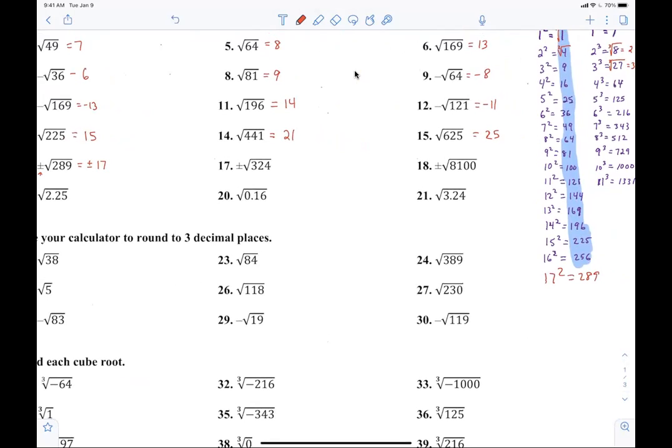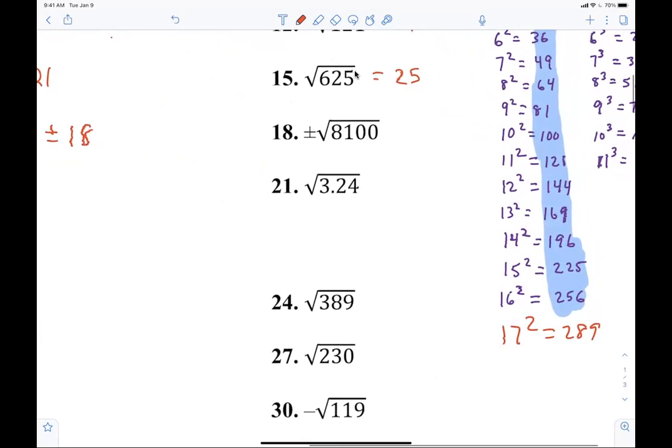Yes, we're getting closer. So I believe we should go one more. Yeah, 18. It is 18. All right. Plus or minus 18. Now my thought process is 8 times 8 ends in a 4, right? You see what I'm saying? So 18 times 18. Okay. 324.